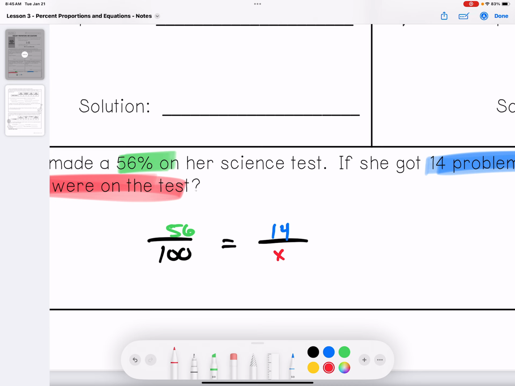All right, for you people that like to just look at them this way, how many times will 14 go into 56? 4. So you divide by 4. So the same thing you need to do here is divide by 4. And you're going to get what? 25.